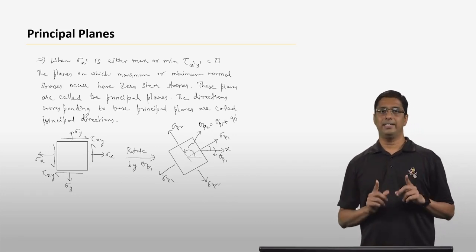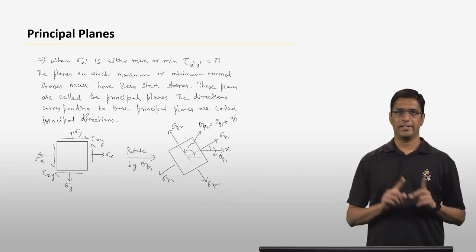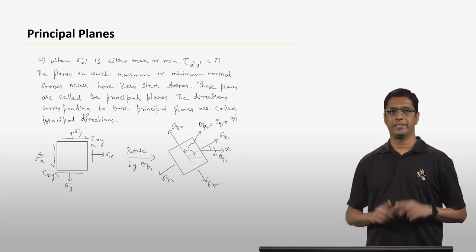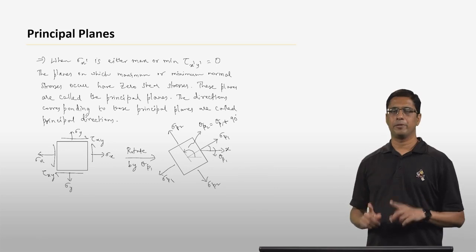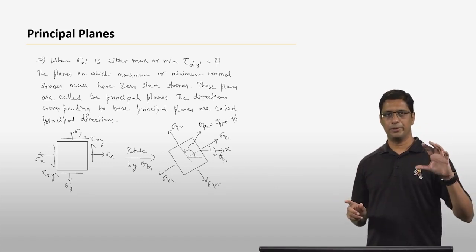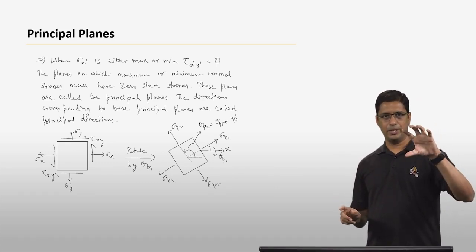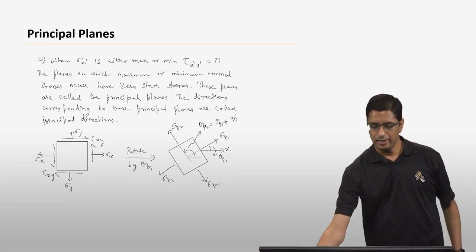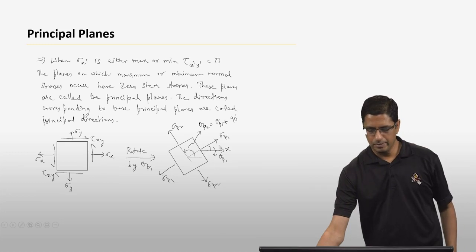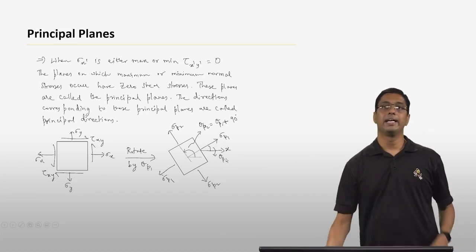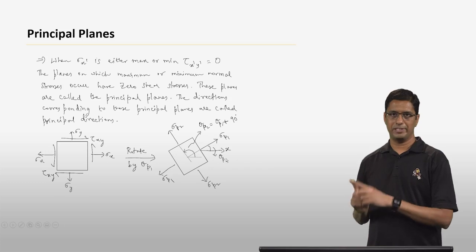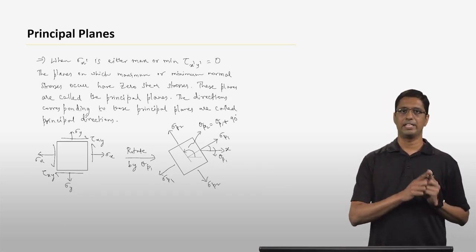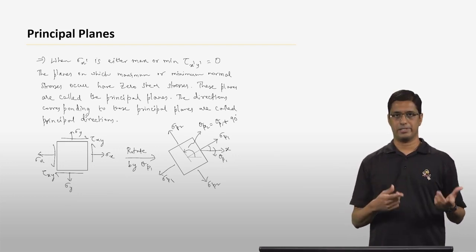So sigma p1 and sigma p2 are the principal stresses, and on those principal planes, you have zero shear stress. And there is an obvious relationship between theta p1 and theta p2, which is that theta p2 is theta p1 plus 90. So you have a square, you rotate it by theta p1, and the stress on that plane is the principal stress number 1, which is sigma p1, and the stress on the adjacent face is going to be sigma p2, principal stress number 2.